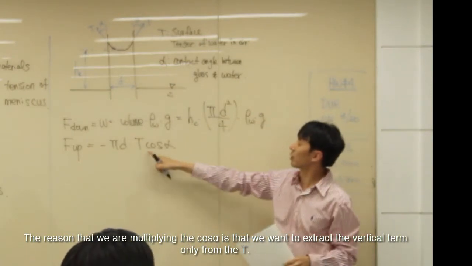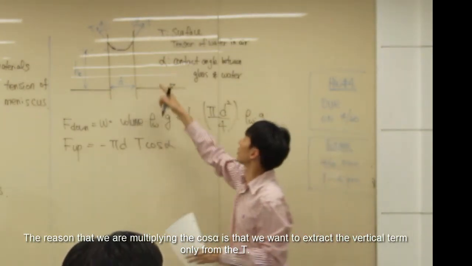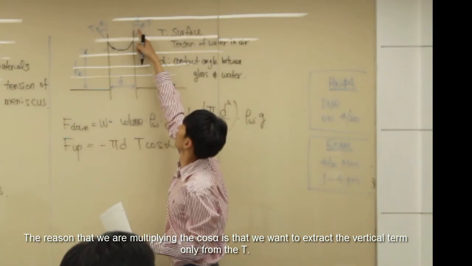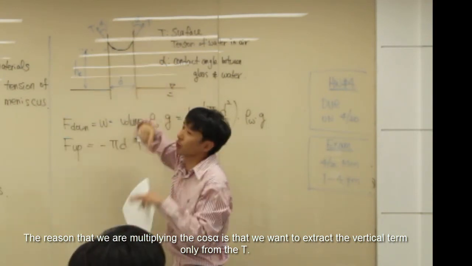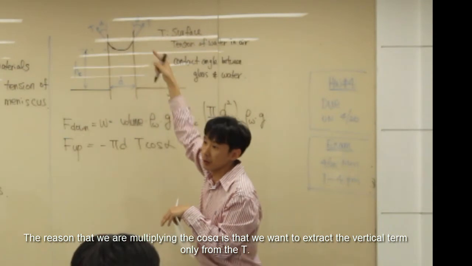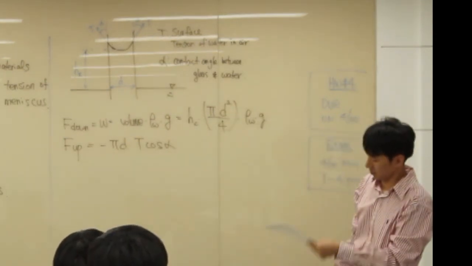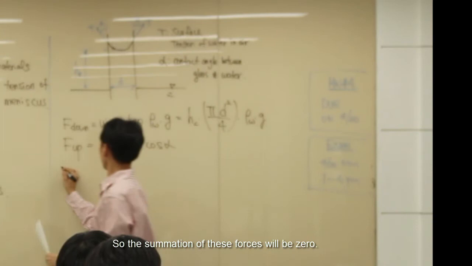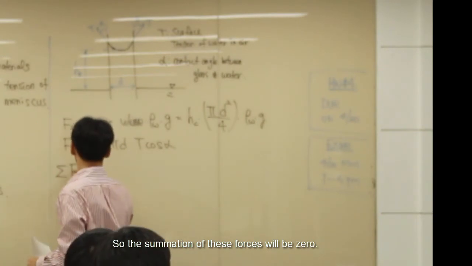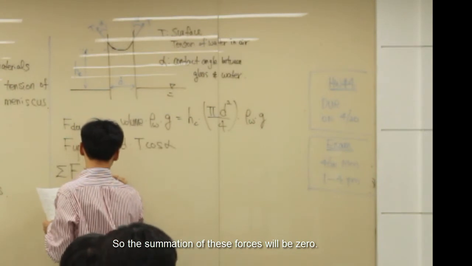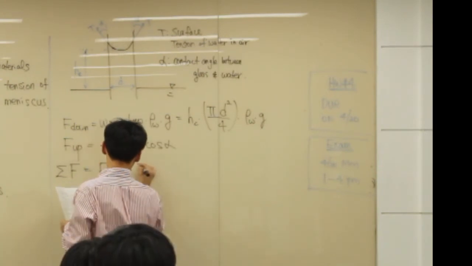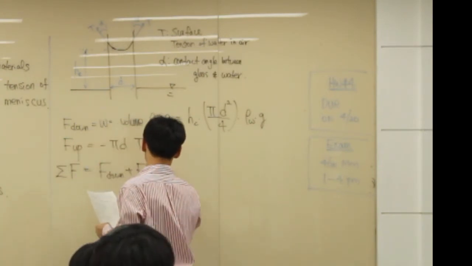The reason that we are multiplying with the cosine alpha is that we want to extract the vertical term only from the T. So the summation of these forces will be 0: F down minus F up is 0.